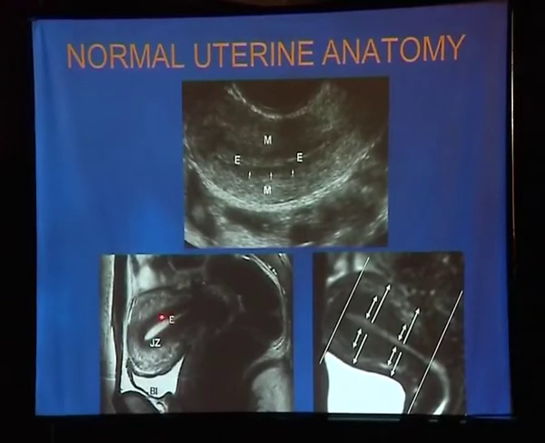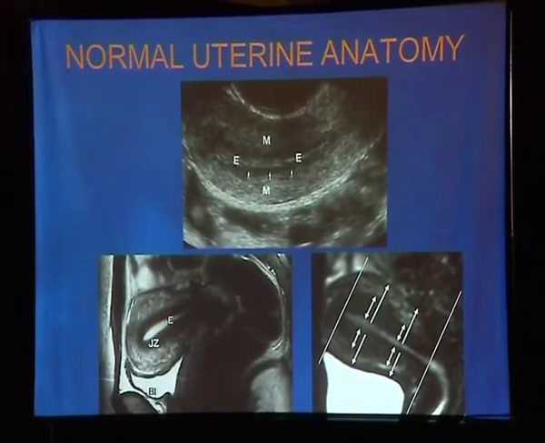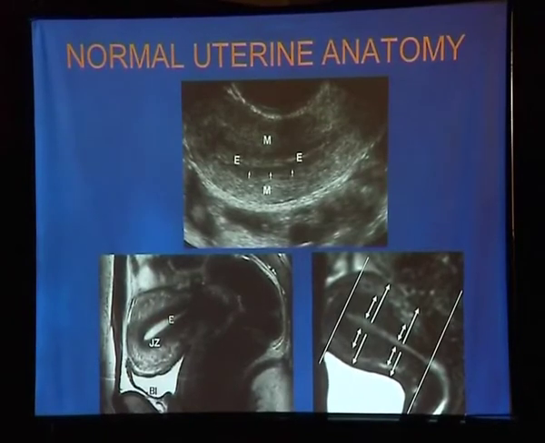You see the nice endometrium here. And this is the junctional zone, which is more hypo-intense or black compared to the outer myometrium here. And this is the way we measure the distance.